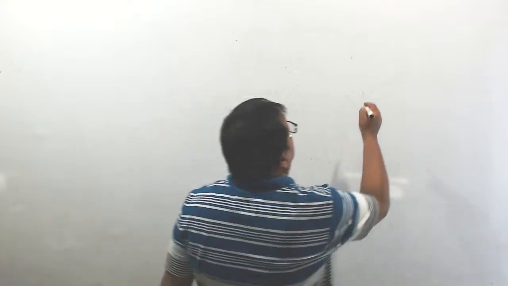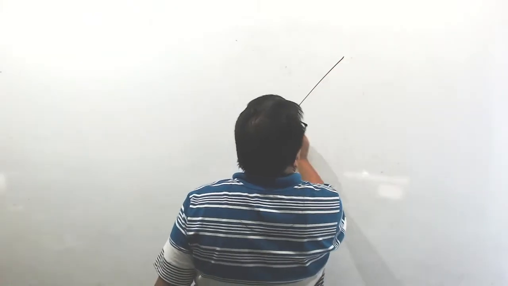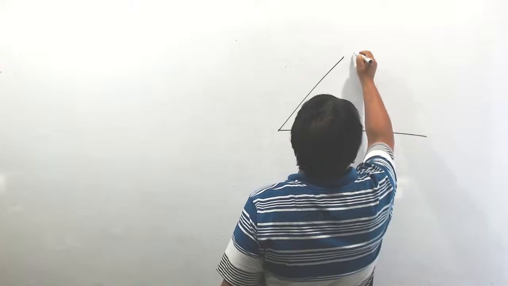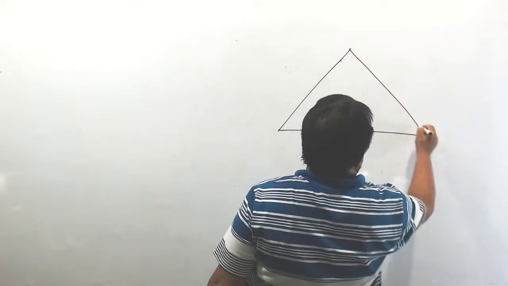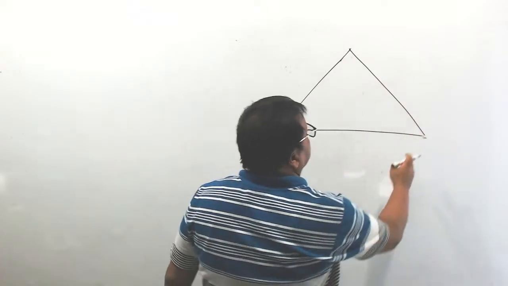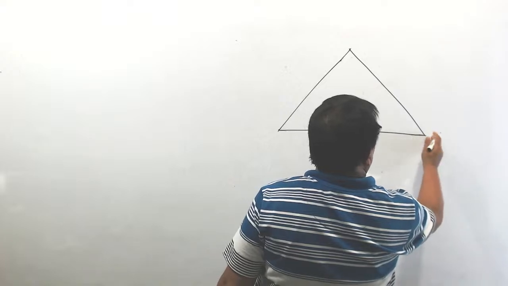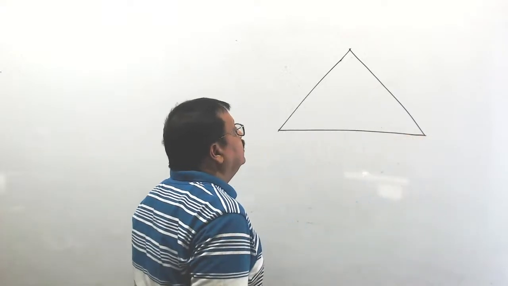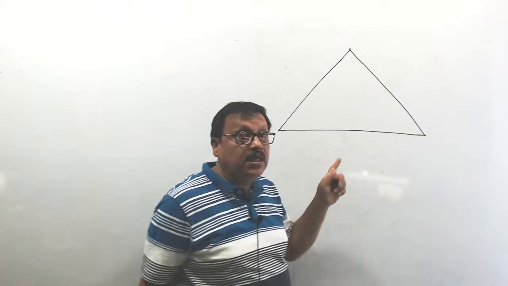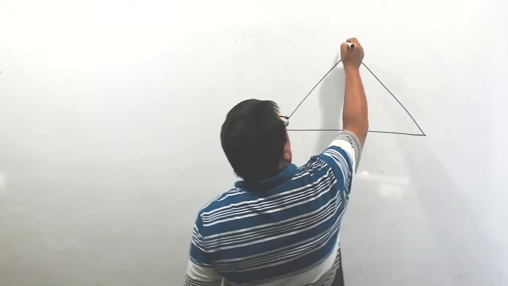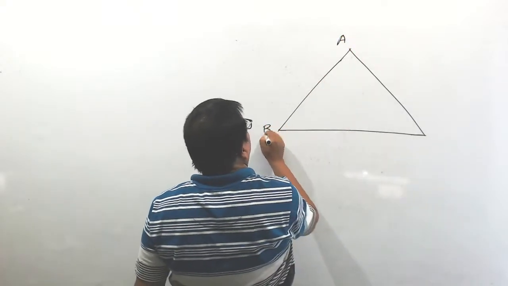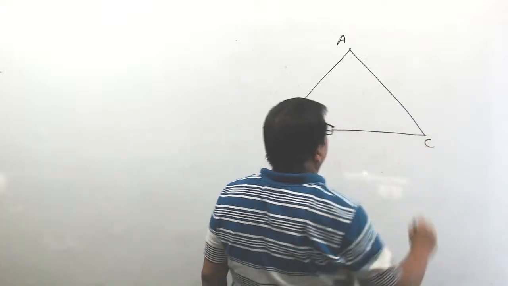For any triangle, any triangle means scalene triangle. Remember, that is, the lengths of the three sides are not equal. So A, B, C is a triangle.